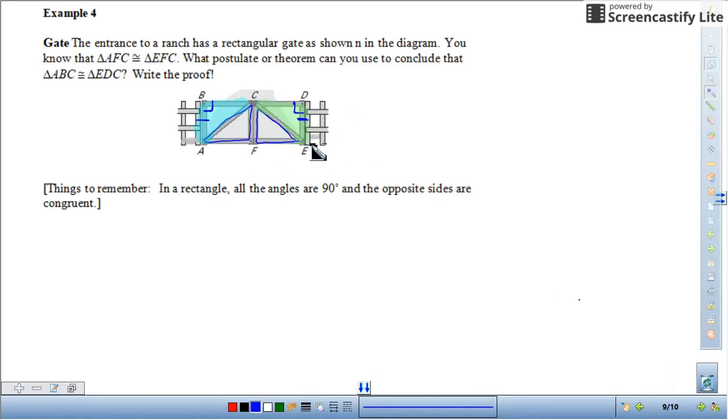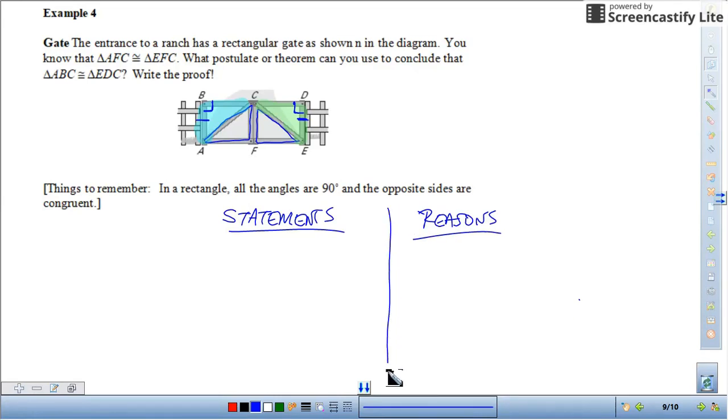So based on the information we've developed here, let's start this proof, and then we'll figure out some other information that would allow us to complete it. First thing that we said was that angle B and angle D are right angles.